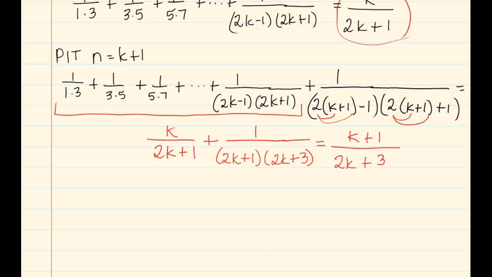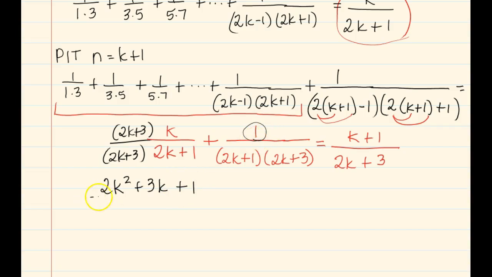So now we do a lot of algebra, but our review prepared us for this. We need the common denominator, so we're going to multiply the top by 2k plus 3 and the bottom by 2k plus 3. When I do that distributive property at the top, I get 2k squared plus 3k. And I'm going to go ahead and add the 1 from this fraction because everything is under the same denominator of 2k plus 3 and 2k plus 1.